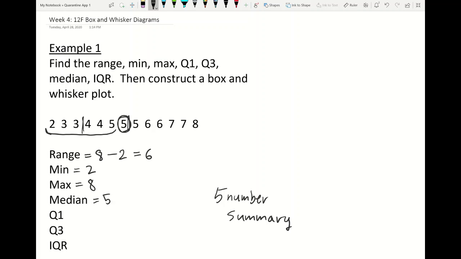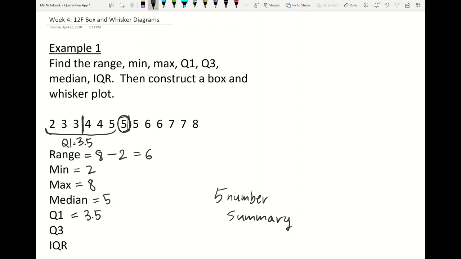In this case, the median should be right here. Since there is no middle number, we have to create one, which is halfway between 3 and 4. So Q1 is 3.5. Let's write it down, Q1 is 3.5.